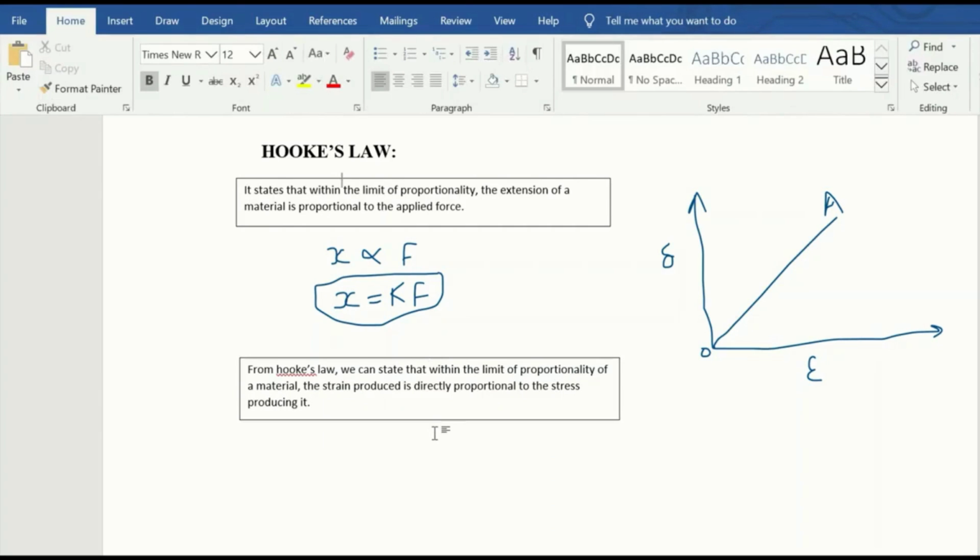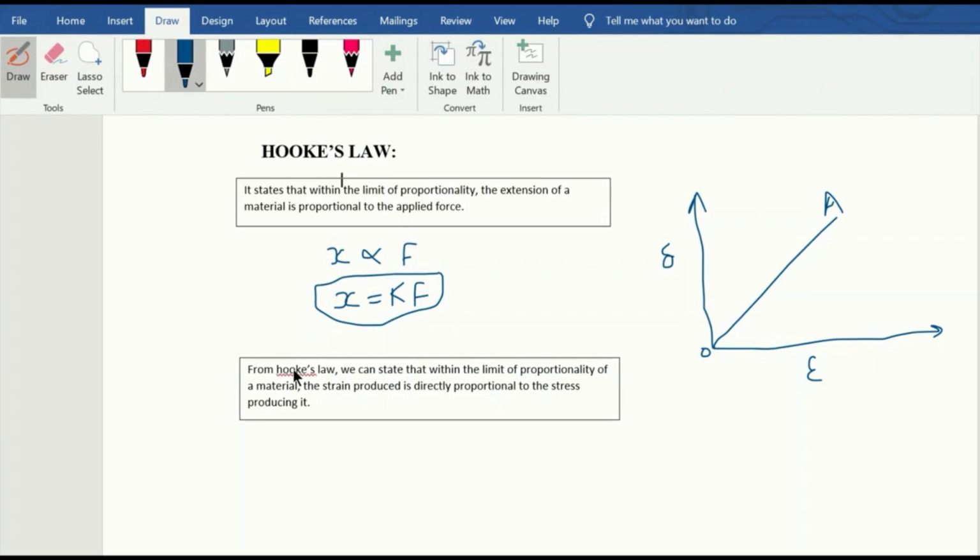So we can put this in equation form. It becomes the stress is proportional to the strain. We can replace this symbol with an equal to sign. It becomes the stress is equal to a constant, this time we use the capital E, times the strain.